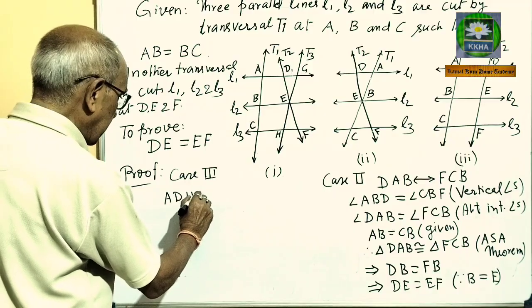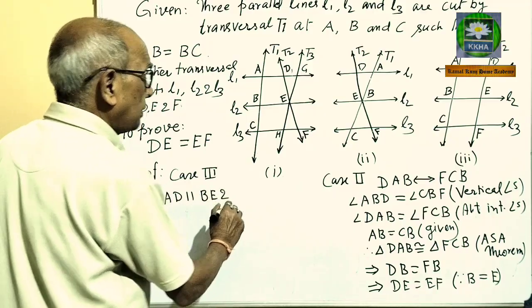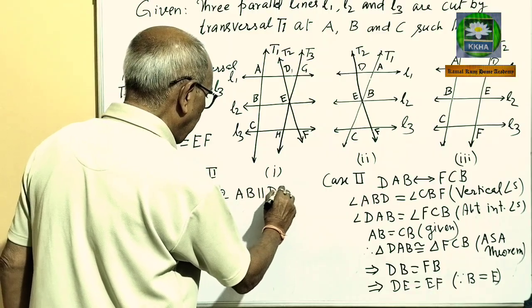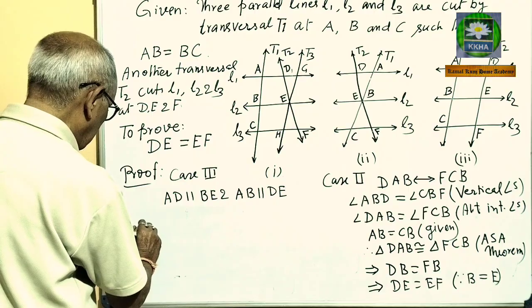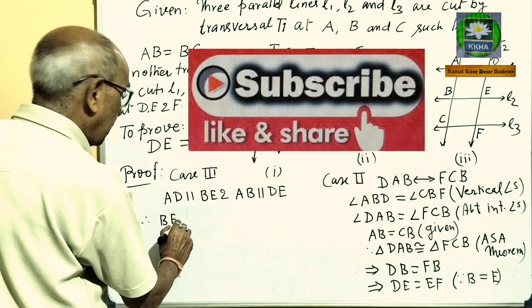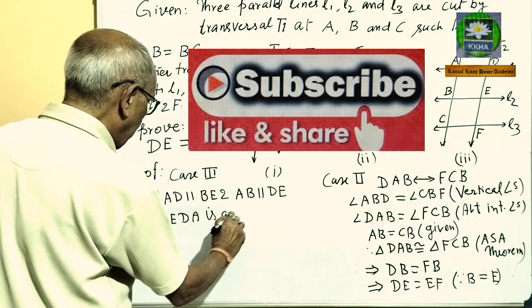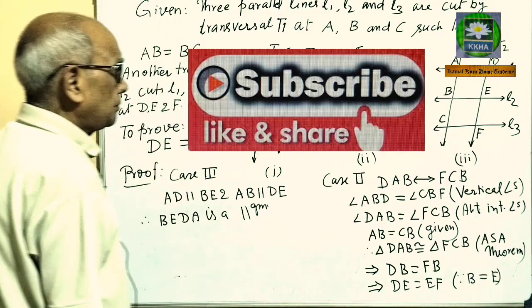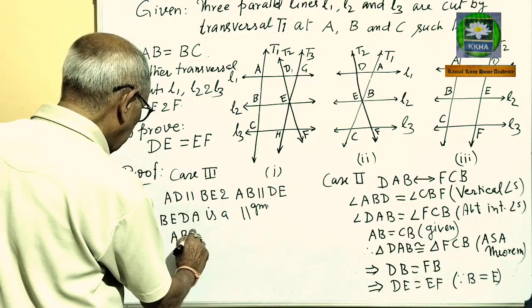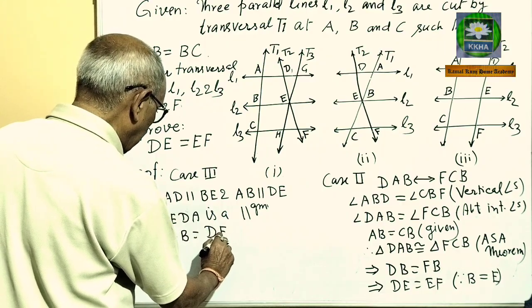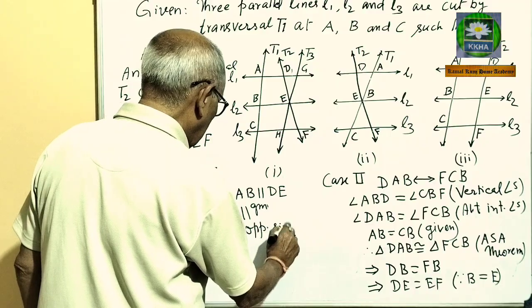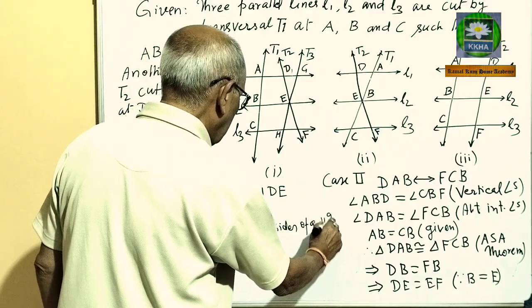This implies that AB is equal to DE. Opposite sides of a parallelogram are equal.